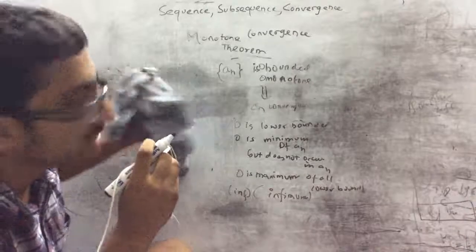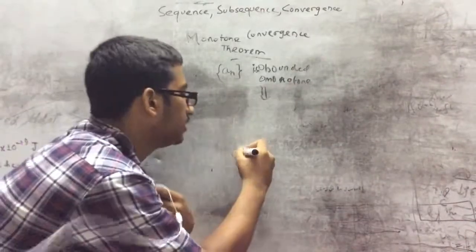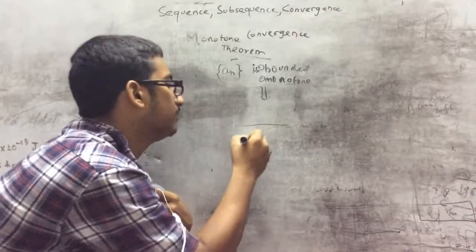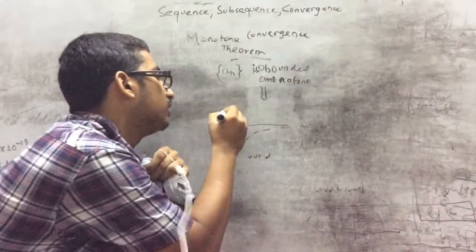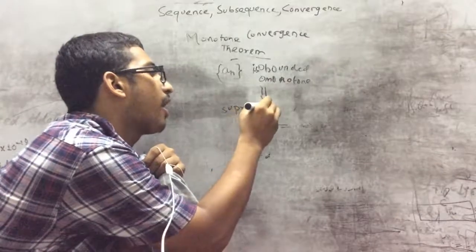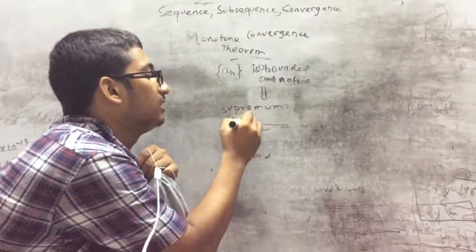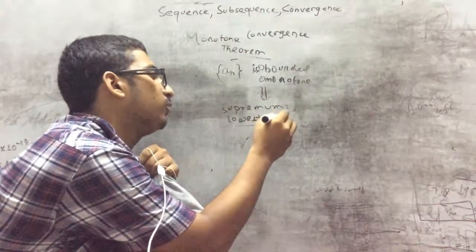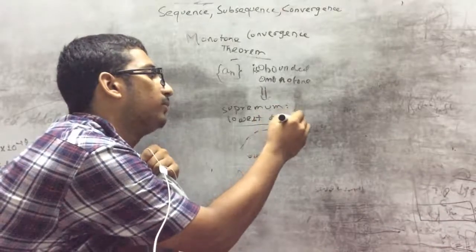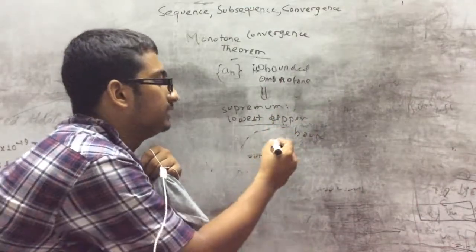For a monotone bounded sequence, if it is decreasing it converges to the infimum, and if it is increasing, the opposite of infimum, the supremum, that is the lowest upper bound, that's supremum.